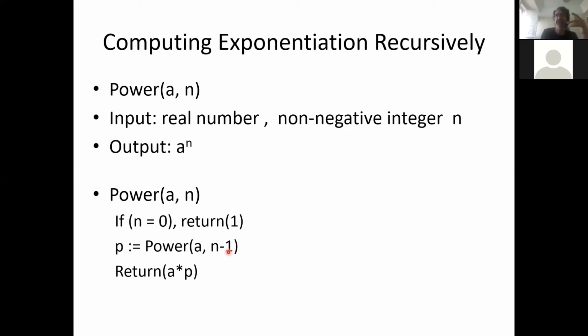And you can trace the same thing to convince yourself that indeed it will always, on the way back, be multiplied by as many A's as N was. Basically N times this multiplication will happen. Okay, we can argue this.